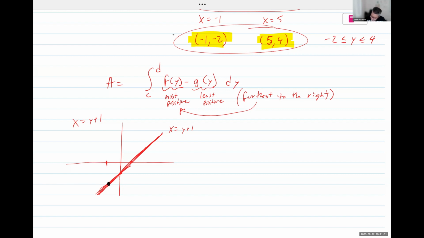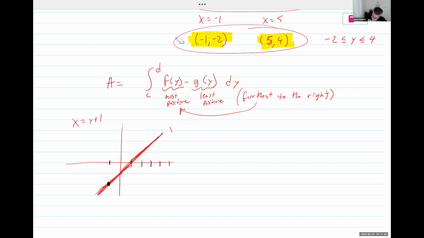And then the other one's going to be at what, 5, 4? So 1, 2. I've got to make these points closer together. 1, 2, 3, 4, 5, and then it's going to be way up here.